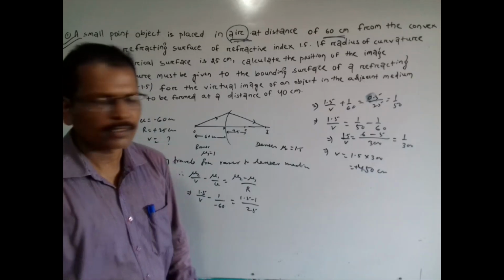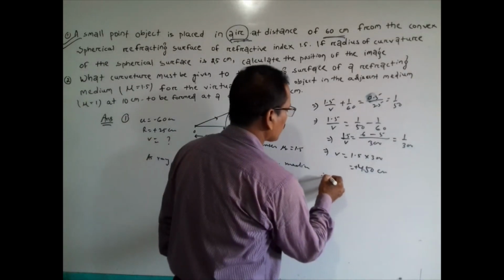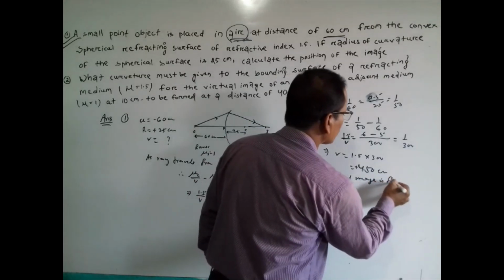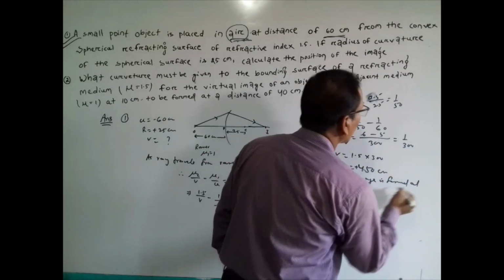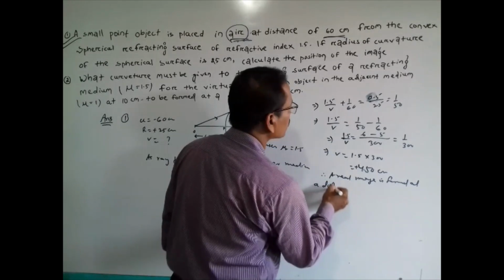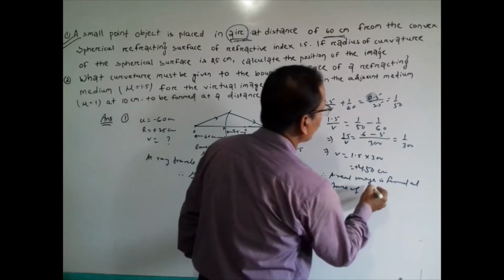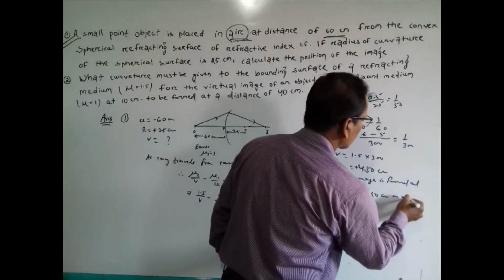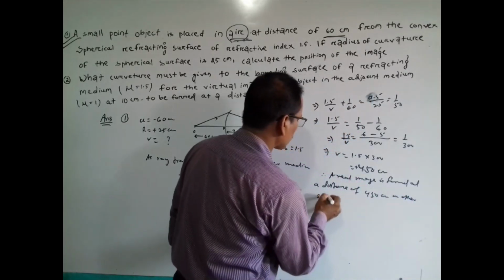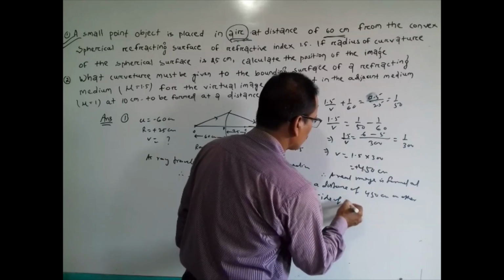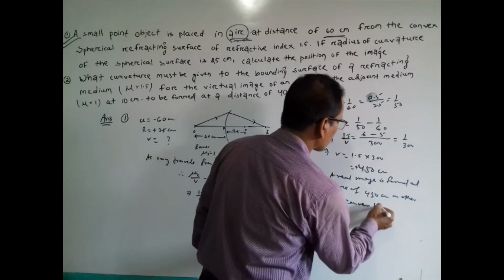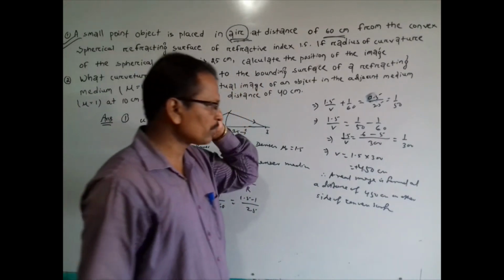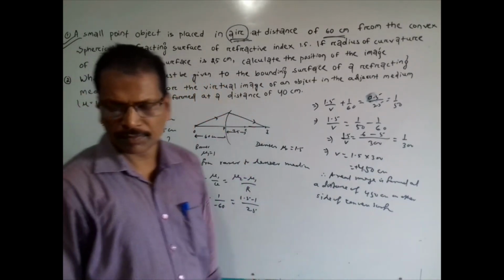A real image, so therefore a real image is formed at a distance of 450 centimeters on the other side of the convex surface. This is the first problem.